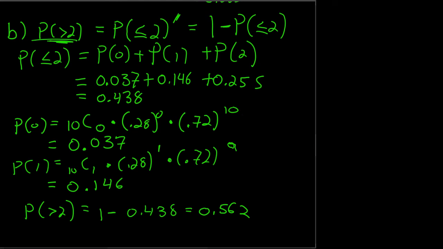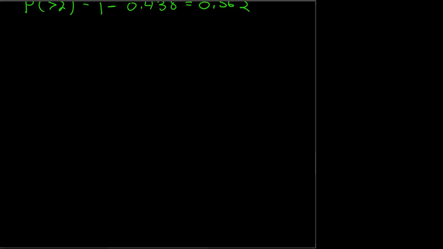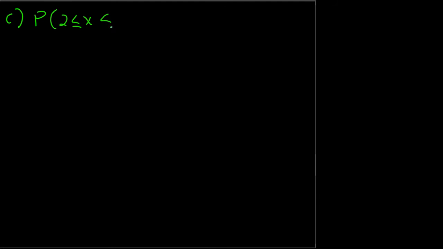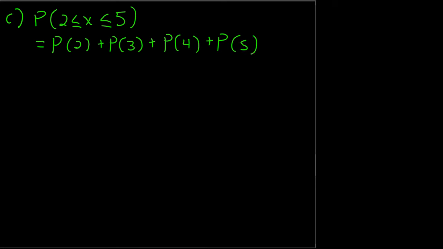All right, so for our part C, where we ask for our probability to be between 2 and 5 inclusively, I need to add the probability of 2 plus the probability of 3 plus the probability of 4 plus the probability of 5.